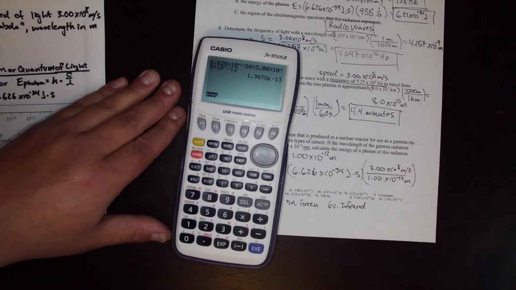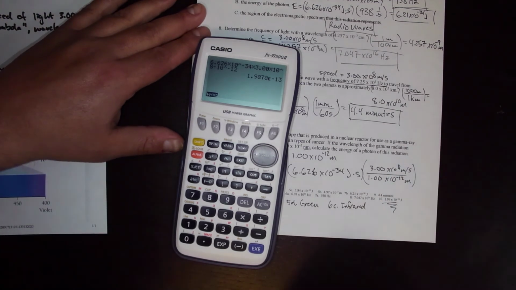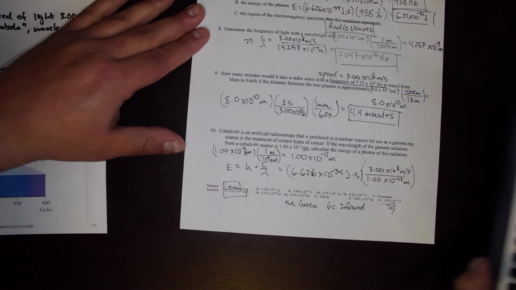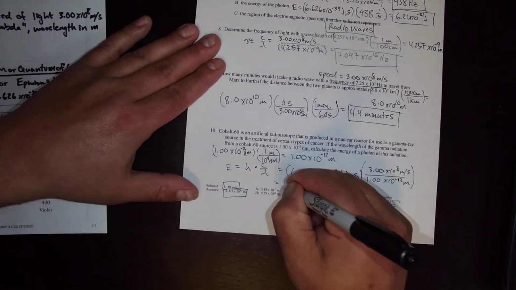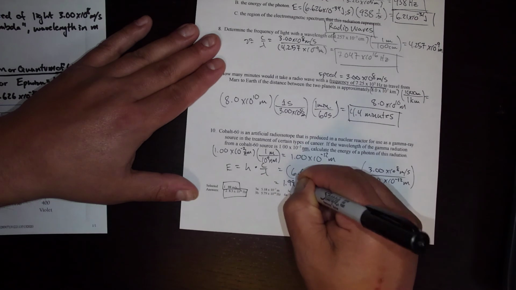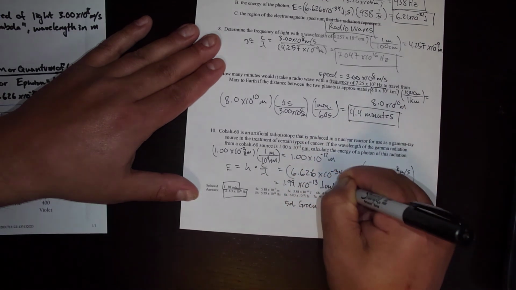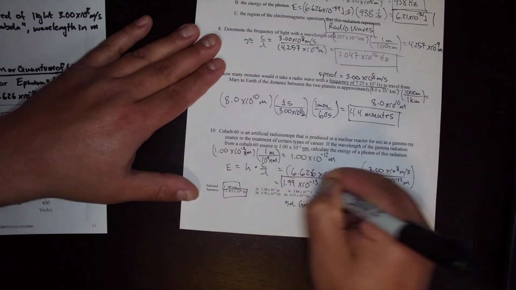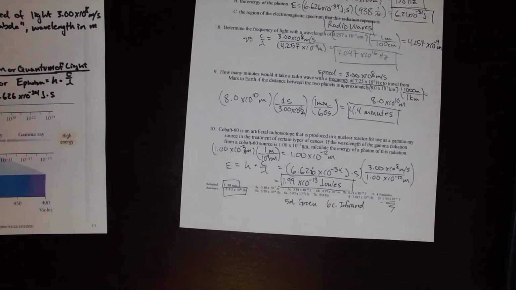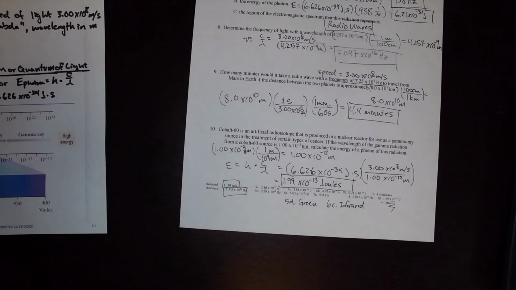It's the same as the one down below. So 1.99 times 10 to the negative 13, and I wrote out joules all the way there. There you go.